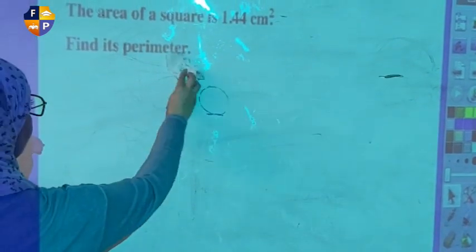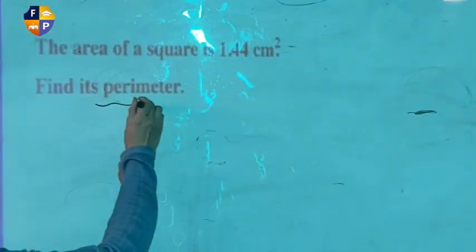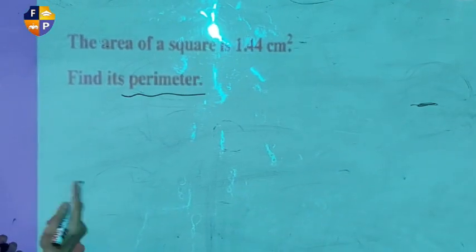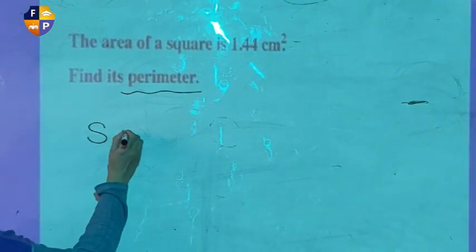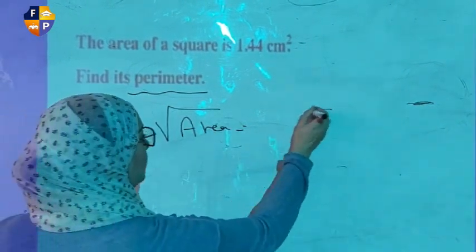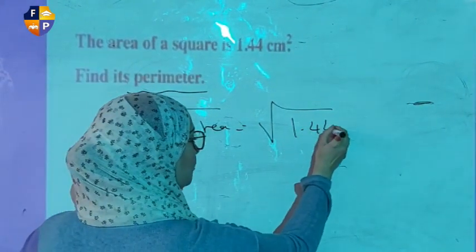Okay, the area of a square is 1.44 centimeter square. Find its perimeter. We have to get at first the side of the square. How? The side of a square is the square root of its area, equals the square root of 1.44.